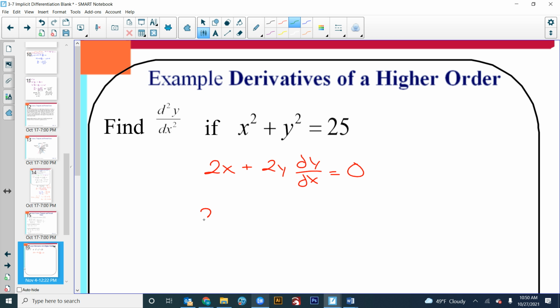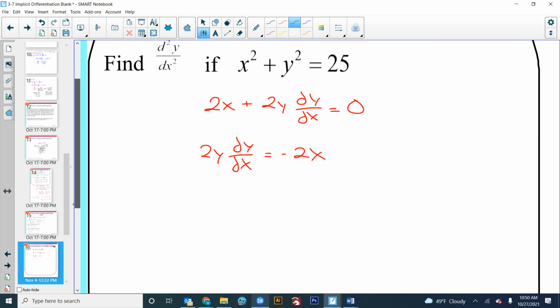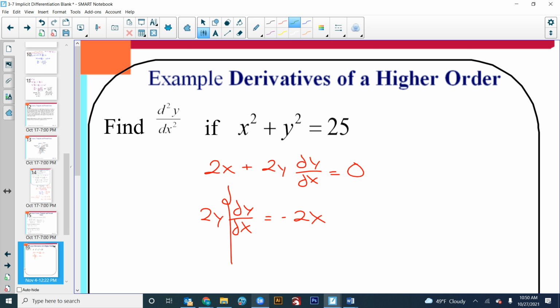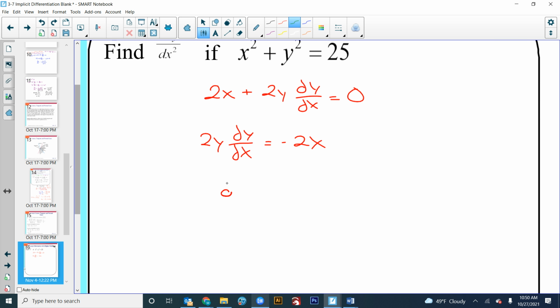Collect all the dy dx terms: 2y dy dx equals negative 2x. No factoring necessary here, just division. dy dx is negative x over y. Do you agree? Negative x over y.